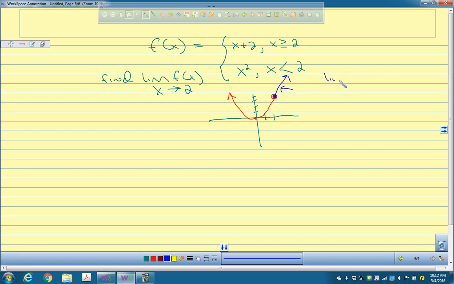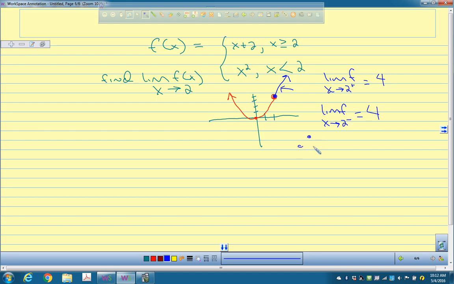What's the limit as x goes to 2 of f from the left? What value am I approaching as I approach 2? 4, right? What's the limit of f as x goes to 2 from the right side? What value am I approaching? That's also equal to 4.